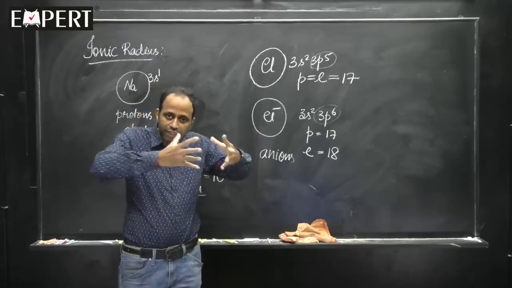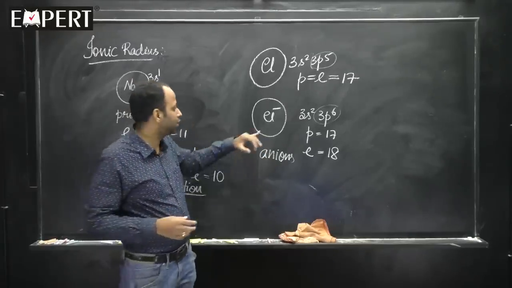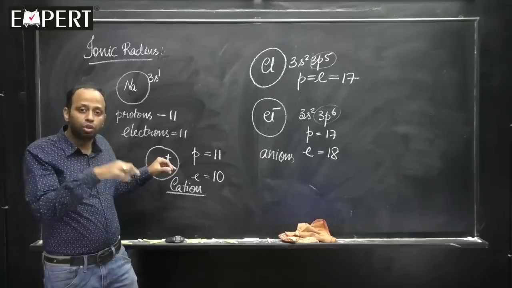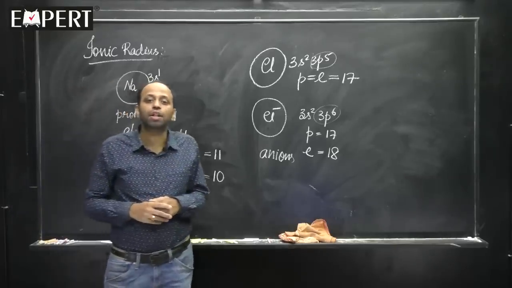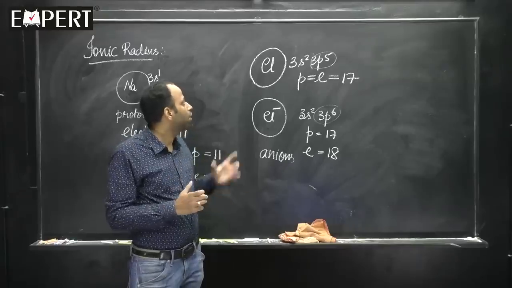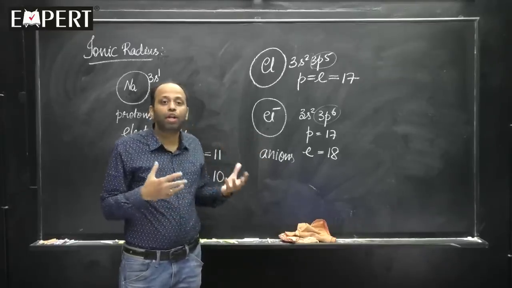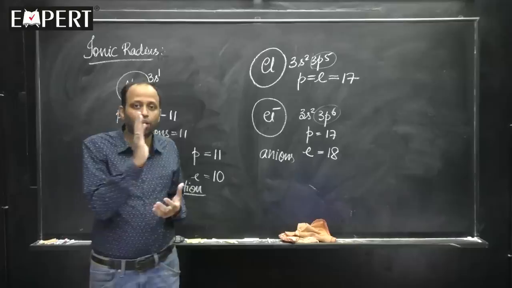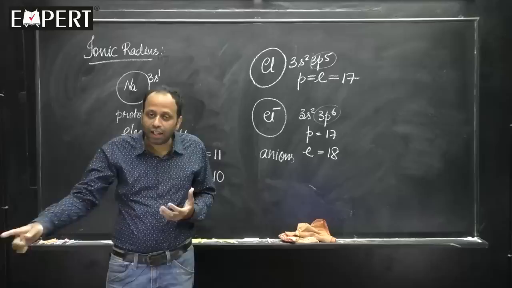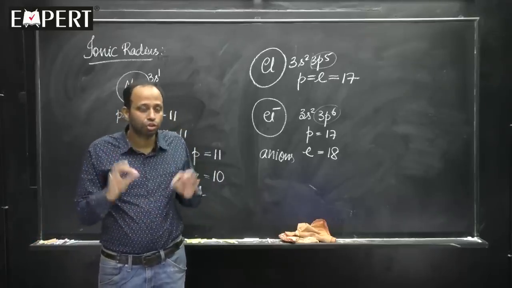So, because of this the size of the anion will increase. So, the size of the anion increases from its neutral atom and the size of the cation decreases. So, this is what you have with anions and cations. Please remember which is cation, which is anion, and how the sizes increase and decrease. Again, give the reason, please know this.